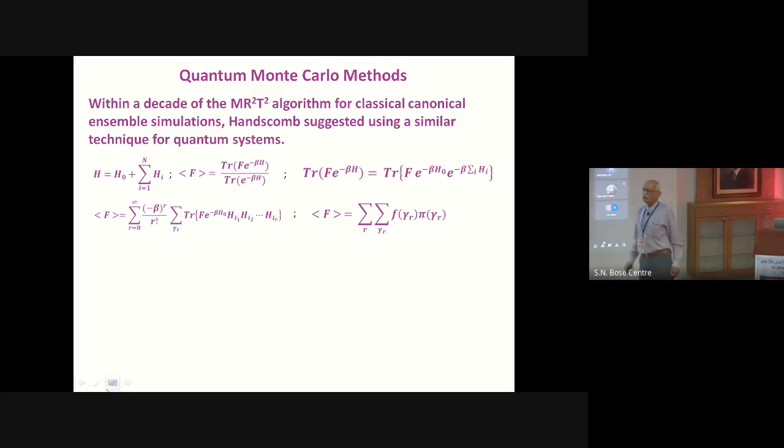You want to evaluate this trace because the expectation of F is going to be given by it. What you do is expand e to the minus beta H. So when you expand it, what you get is minus beta to the power R upon R factorial, and then trace of this product H_i1, H_i2, up to H_iR. And you have altogether R factorial terms coming in there. So you will have all these H_i1, H_i2, etc. appearing in different order.